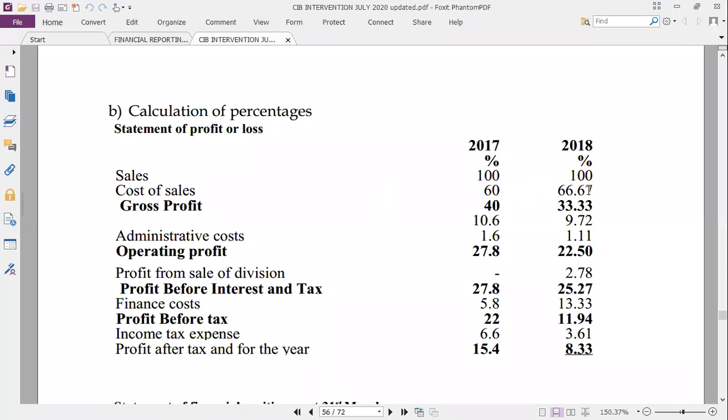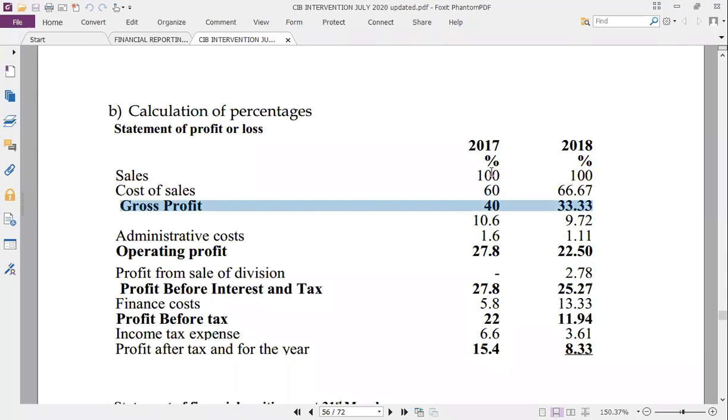Current year is 66.6%, and last year is 60%. So here you check. You say cost of sales to sales ratio has increased over the period, leading to a decline in the gross profit to sales ratio. And as you can see here, how we get it.